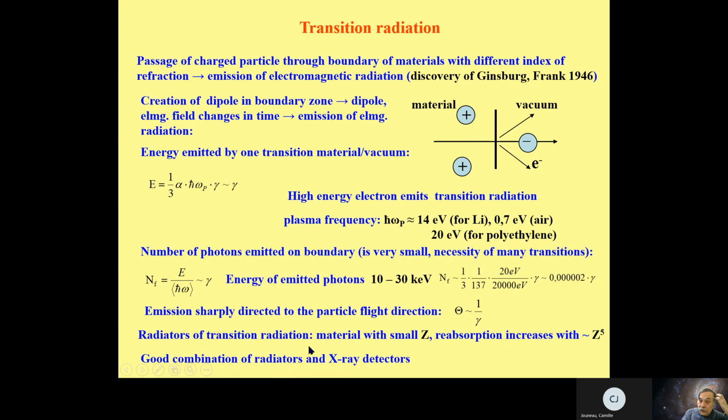The radiators for transition radiation should be materials with small Z. This is because reabsorption increases otherwise; these are low energy photons from the point of view of gamma, X-rays.